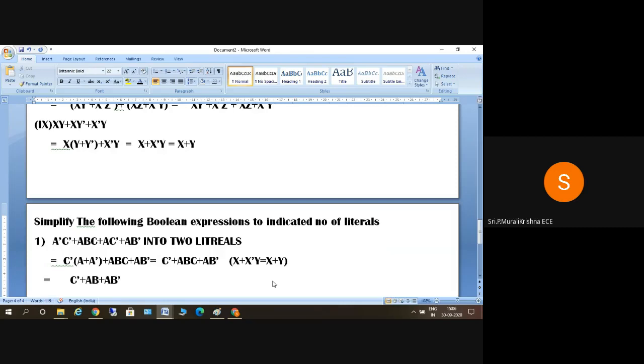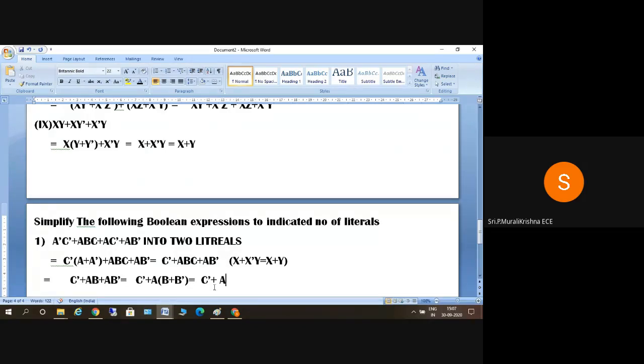Again I can take A as common, so that is C bar plus A times B plus B bar, which is equal to C bar plus A. That is the final simplification.